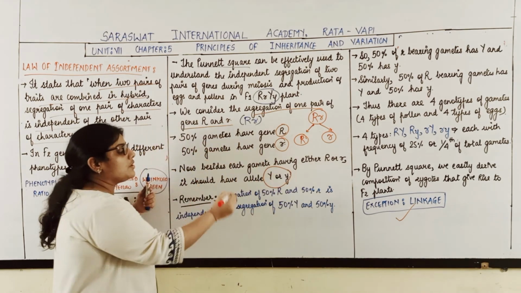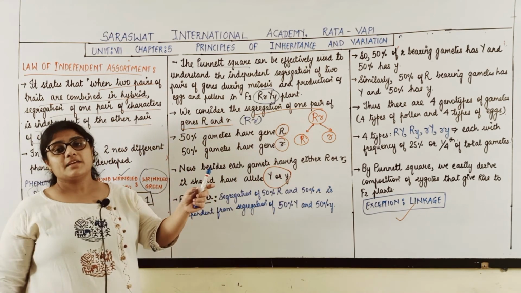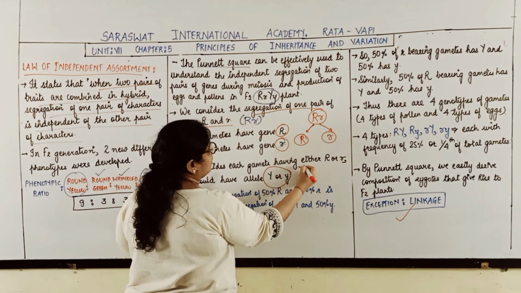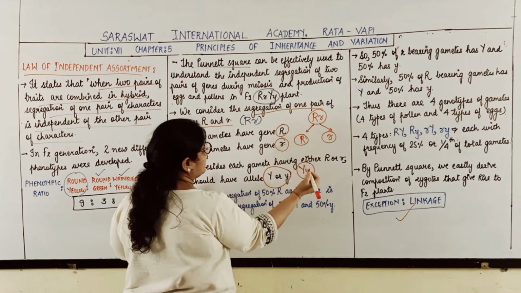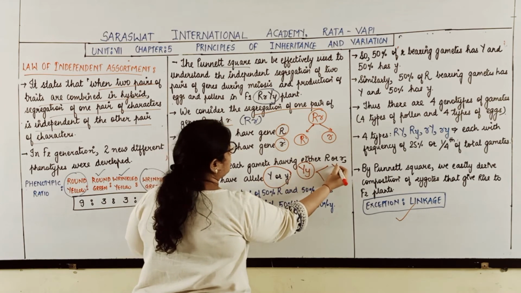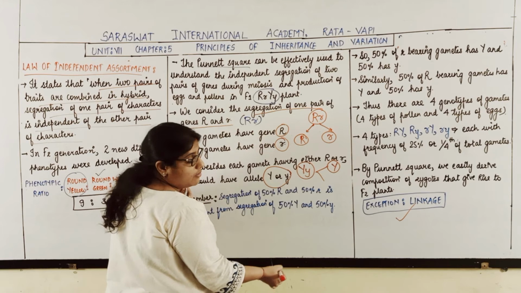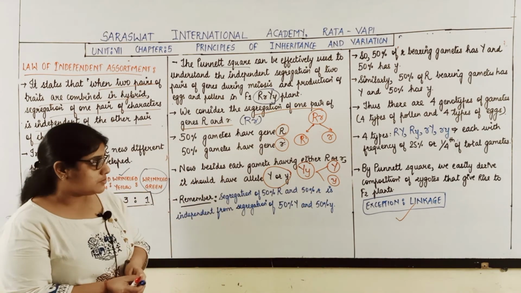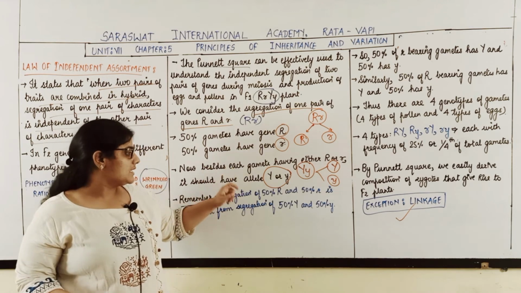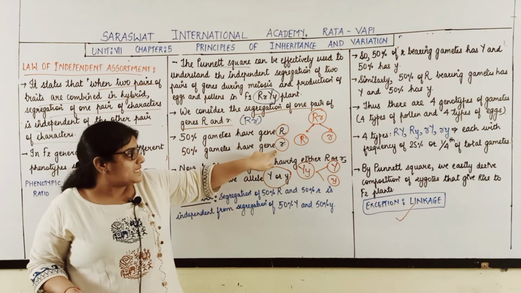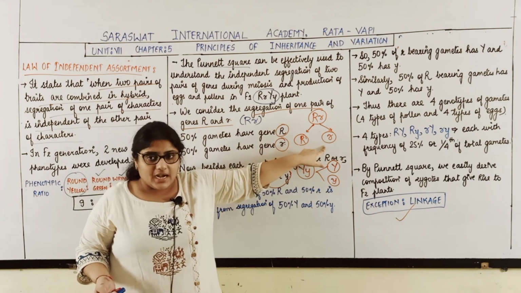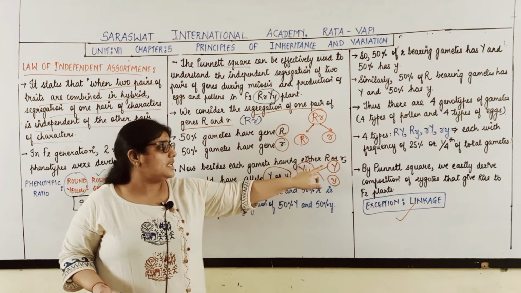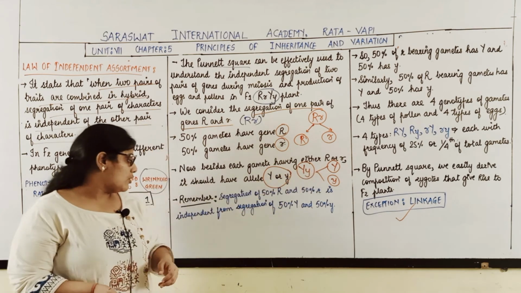They will also have the allele capital Y, small y. Suppose this is the allele. Here 50% of the gametes will have capital Y and 50% of the gametes will have small y. So a gamete, besides having capital R or small r, will also have capital Y or small y.